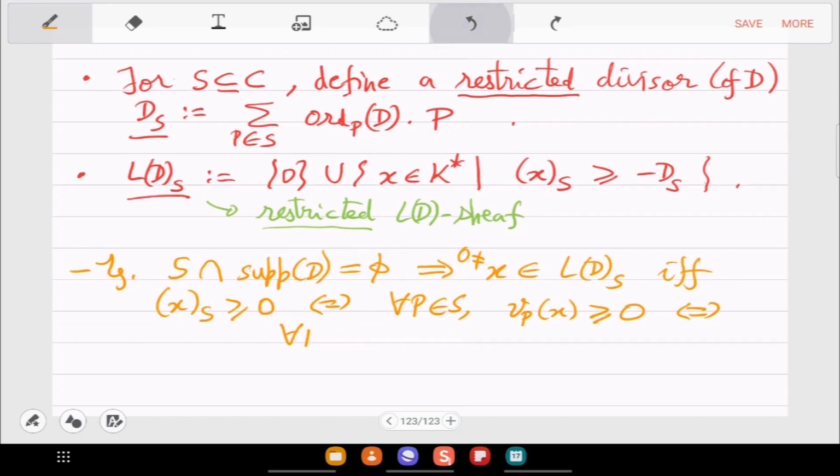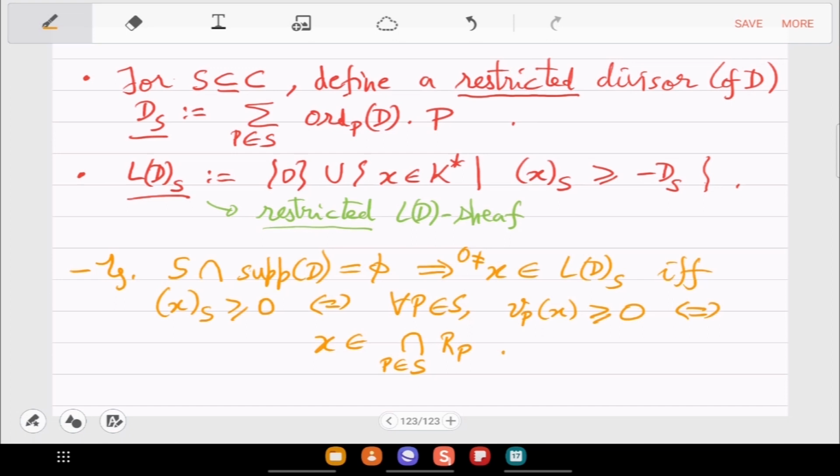Okay, let's just write this. x has to be then in the intersection of DVRs. So the points which are in S, you want x to be in that DVR, so you take the intersection. Right? That's the illuminating example you have.